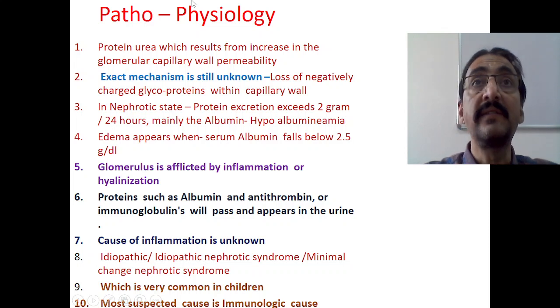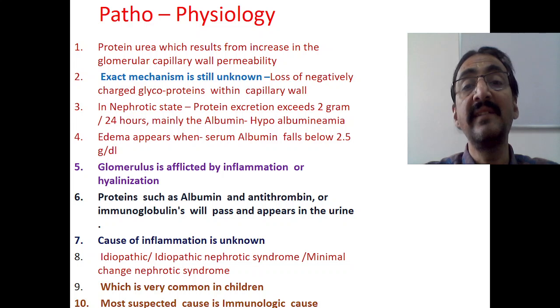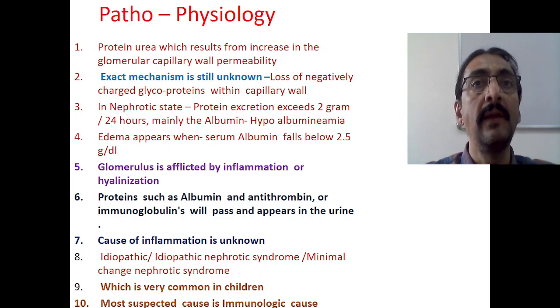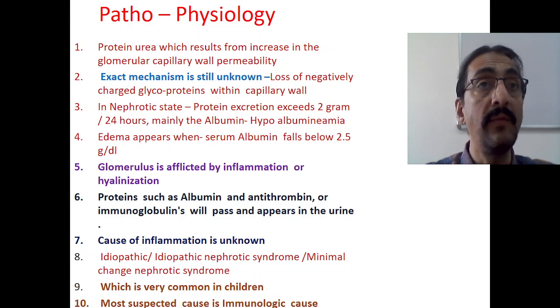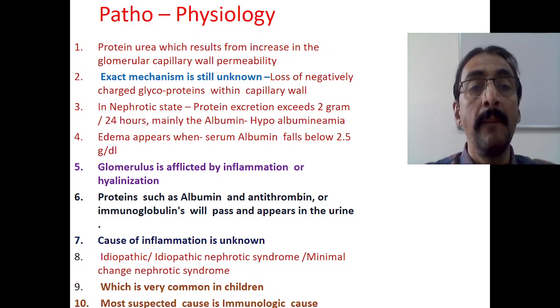In the nephrotic state, the protein excretion exceeds 2 grams in 24 hours. Suppose because of increased permeability of the membrane, the protein excretion is more than 2 grams in 24 hours, mainly albumin.